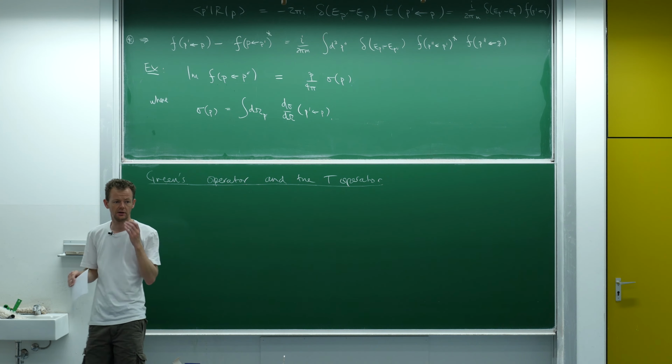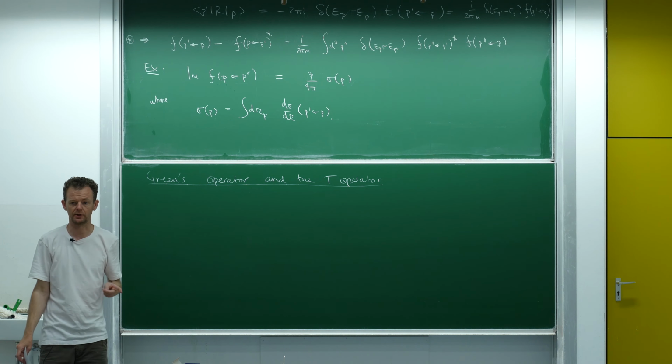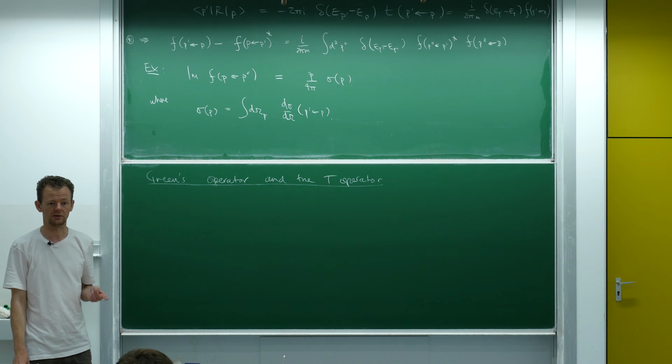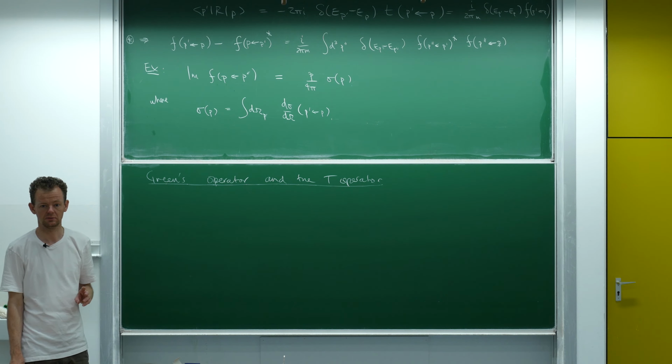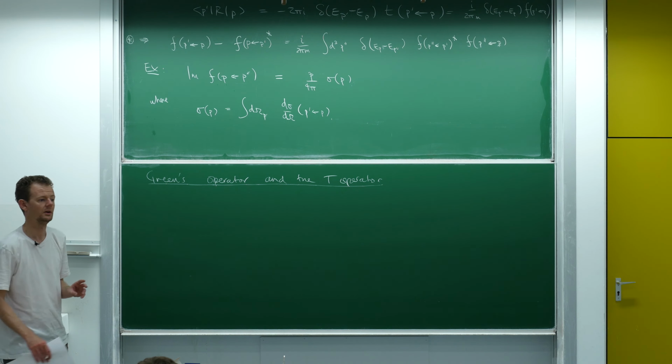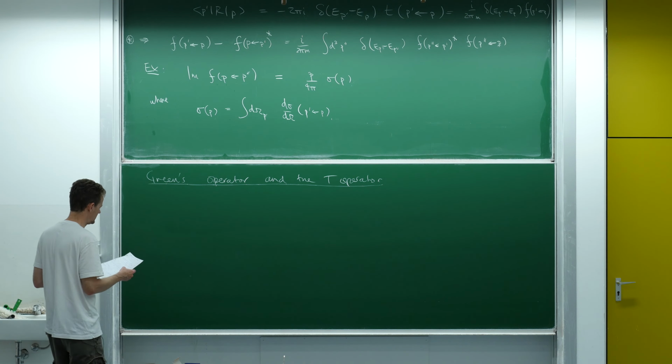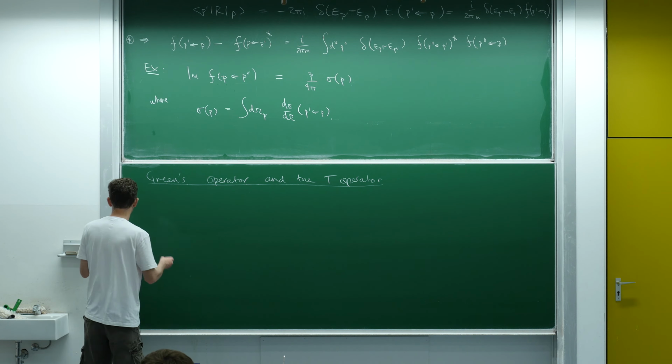And we're going to do this via a thing called the Green's function or the Green's operator. So I've got to tell you what that is. I assume you've probably met Green's functions, at least in the context of linear partial differential equations, like the heat equation and so on. And probably for the Schrödinger equation, but we're going to go through it again.